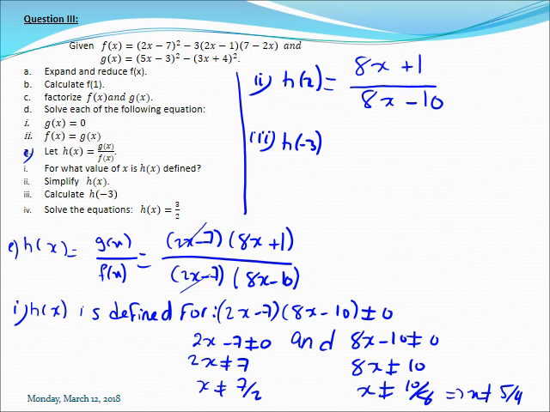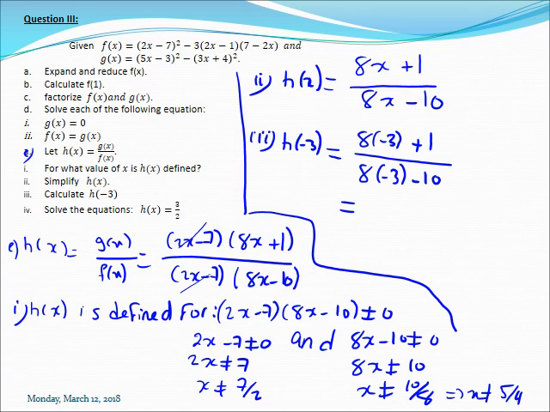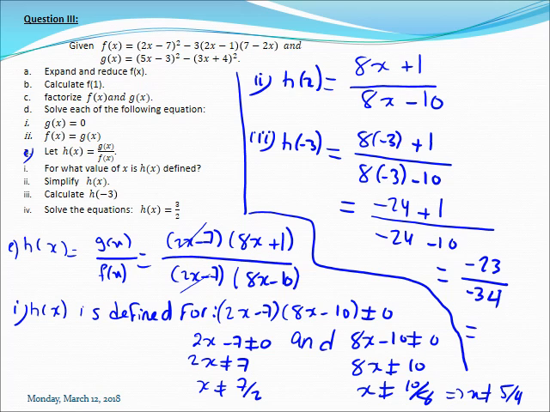Substitute x by minus 3: 8 times minus 3 plus 1 over 8 times minus 3 minus 10 equals minus 24 plus 1 over minus 24 minus 10, equals minus 23 over minus 34, equals 23 over 34.